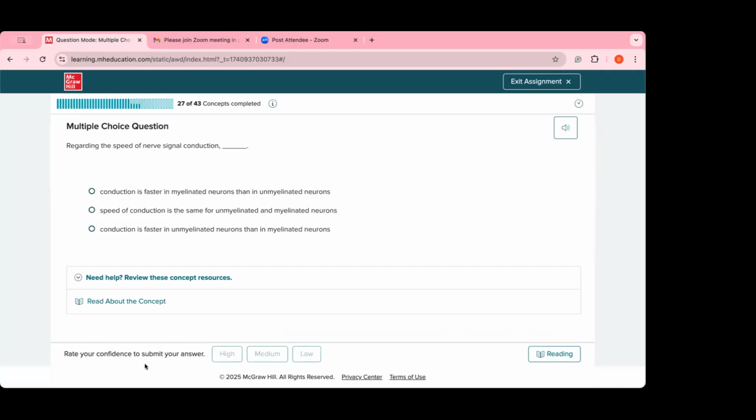Regarding the speed of nerve signal conduction, conduction is faster in myelinated neurons than in unmyelinated neurons, speed of conduction is the same, or conduction is faster in unmyelinated neurons than in myelinated neurons. Okay, so how does conduction speed compare between myelinated and unmyelinated?